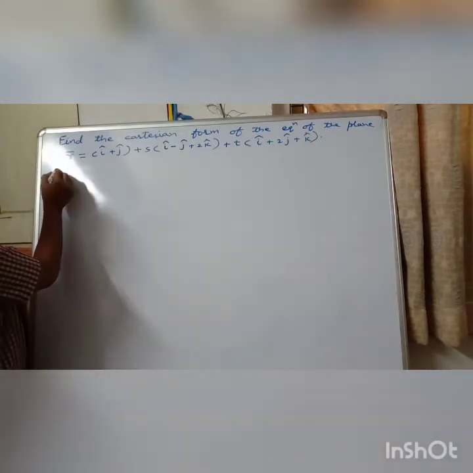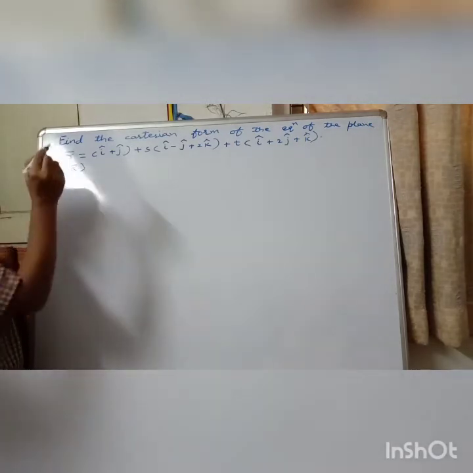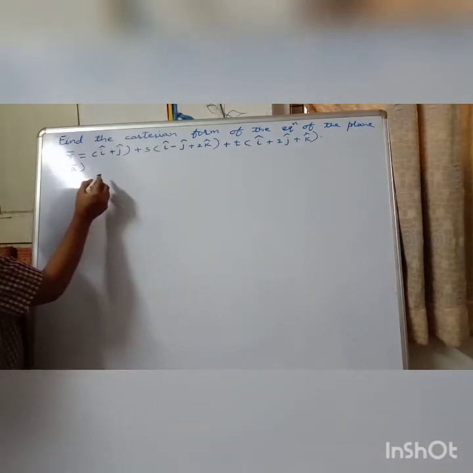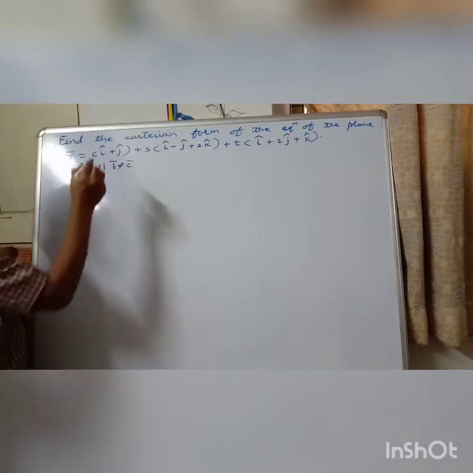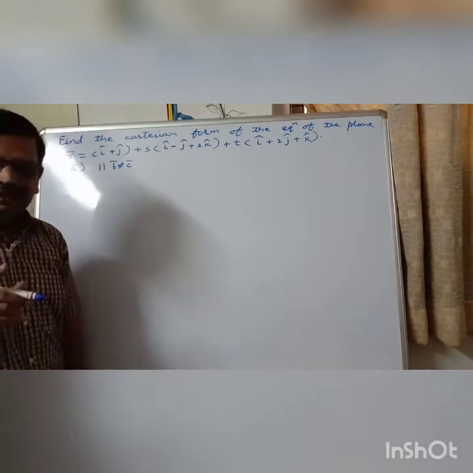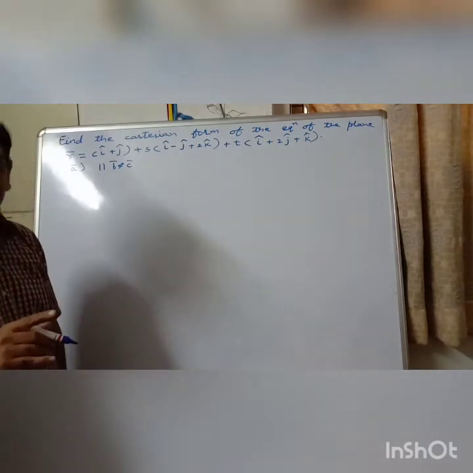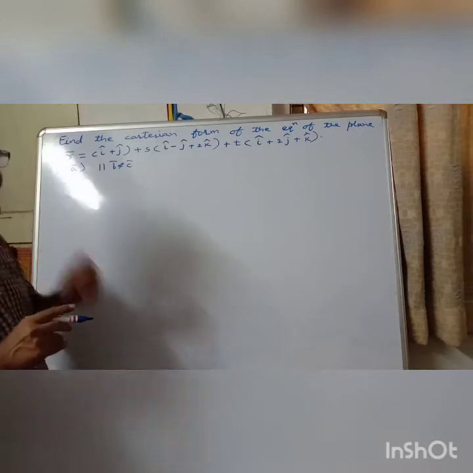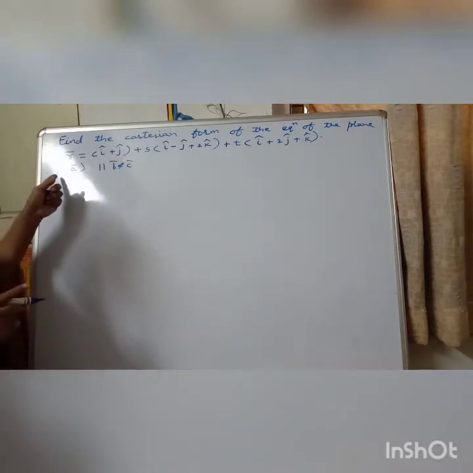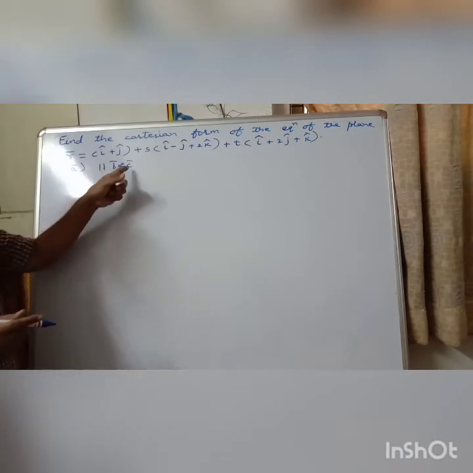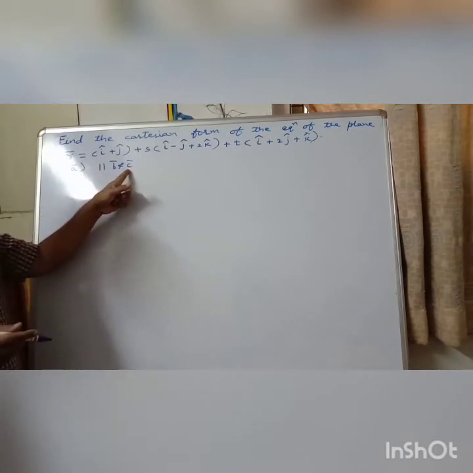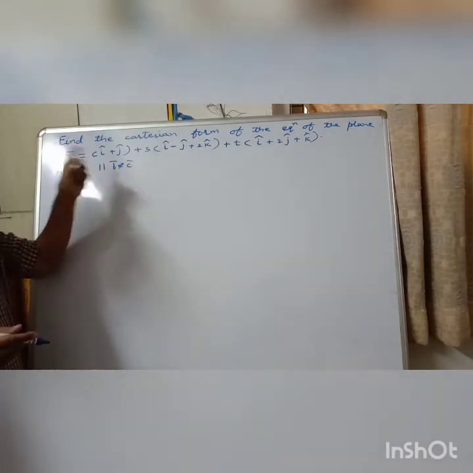If position vector of one point in the plane is known and vectors parallel to plane are known, then we can write equation of plane in parametric form. Here A is point in the plane whose position vector A bar, B bar and C bar are the vectors which are parallel to the plane.